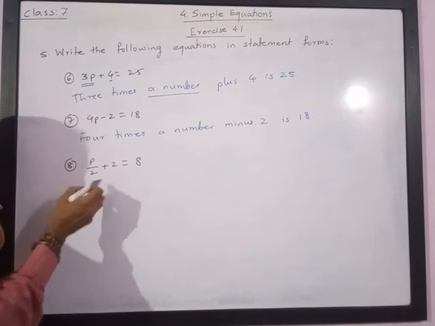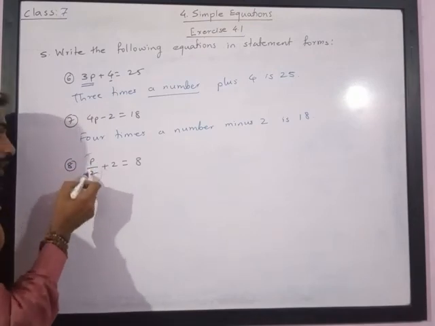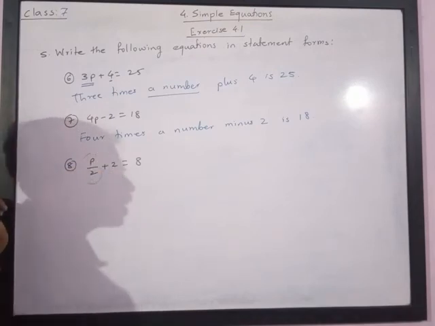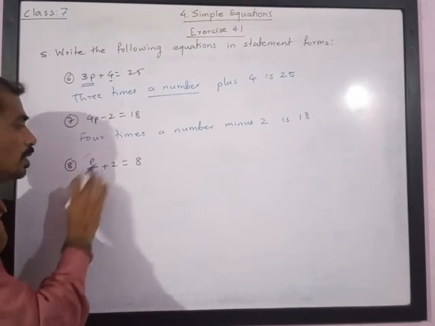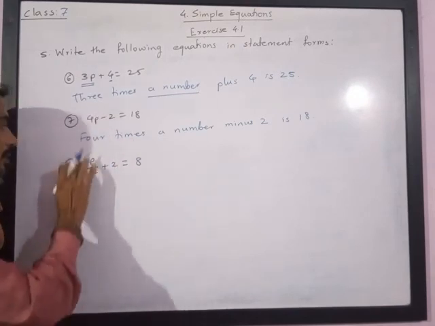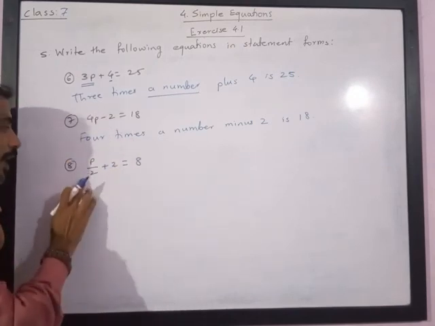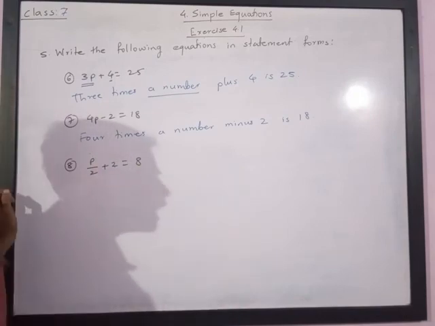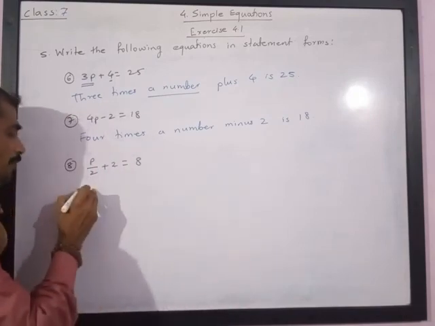And lastly, we can see a number divided by 2 plus 2. A number divided by 2 plus 2 is 8. Or you can say p divided by 2 plus 2 is 8. Any one of the statements can be written.